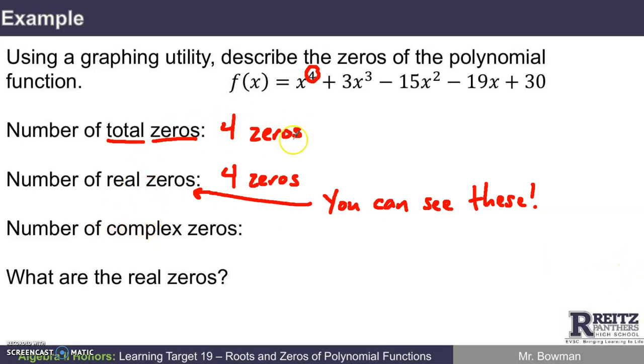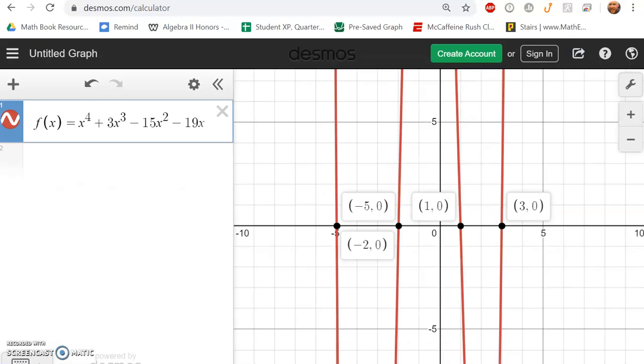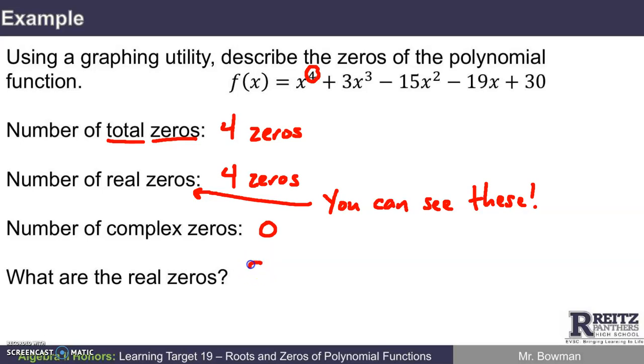Well, if there are 4 zeros and all 4 of them are real, then there are no complex zeros. And the last question is, what are those zeros? Let's go back and look at the graph again. The zeros are just the x values. So we've got -5, -2, 1, and 3.